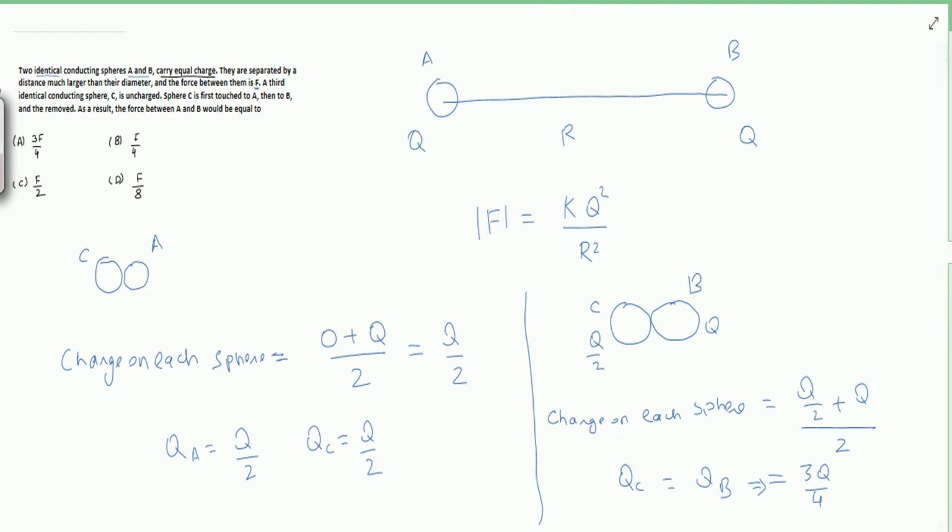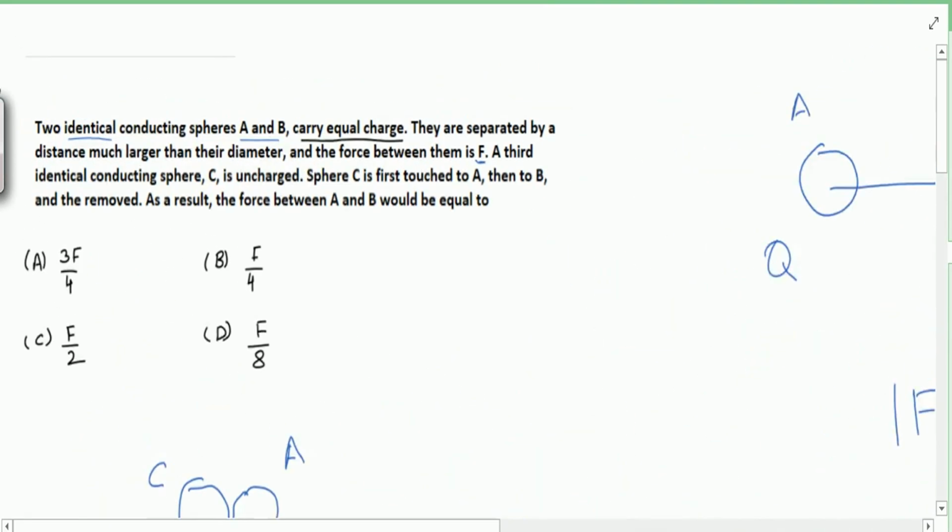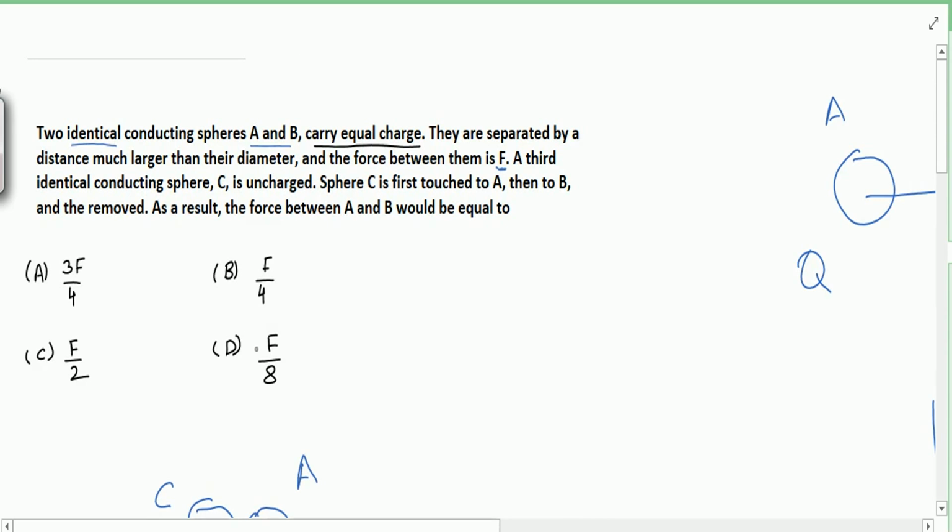From the given options, which option will be correct? If you see here, this option is actually 3F by 8. So this is the correct option, and 3F by 8 is the correct answer.